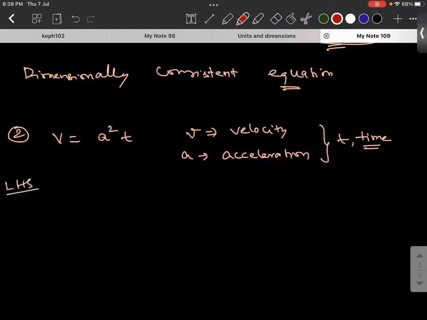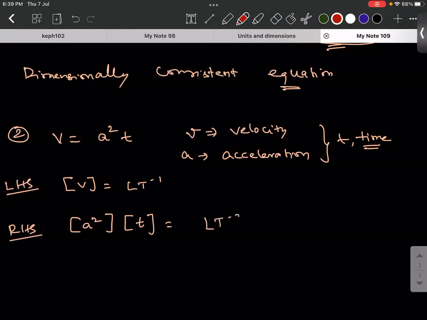Okay, let me take LHS. Dimensional formula of v is how much? LT minus 1. What about RHS? The dimensional formula of a square into the dimensional formula of t. So the dimensional formula of a square is LT minus 2 the whole square into T. This is L square T minus 4 into T. How much will you get?